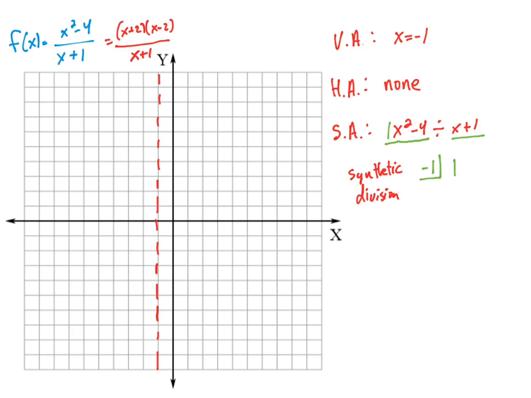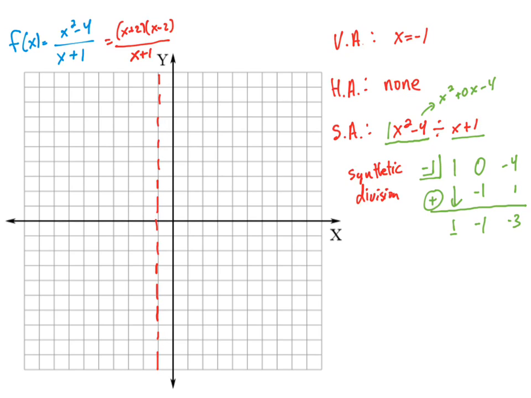Since there is no x term, in other words, this is x squared plus 0x minus 4, we need a placeholder for the x term, and then negative 4, and then we're going to divide. So how this works is we bring down the positive 1. We say 1 times negative 1 is negative 1, and then we add. So 0 plus negative 1 is negative 1. Negative 1 times the divisor is positive 1. We end up with negative 3.